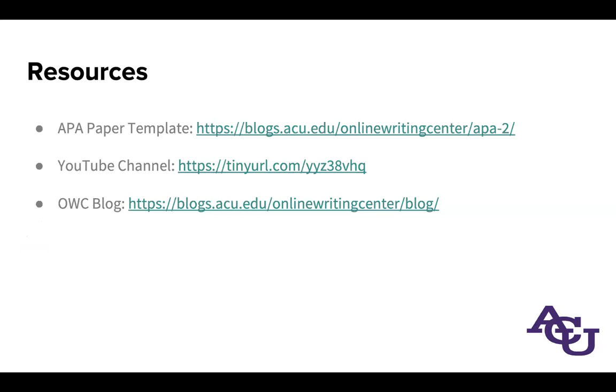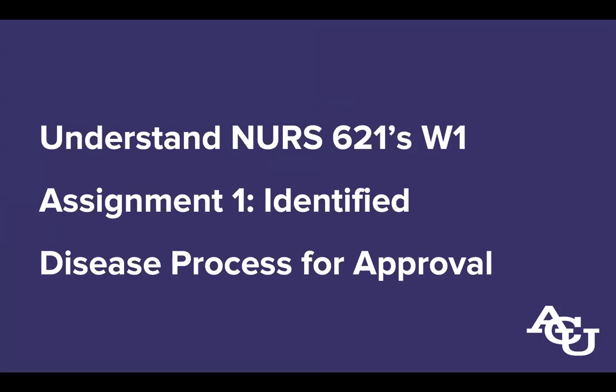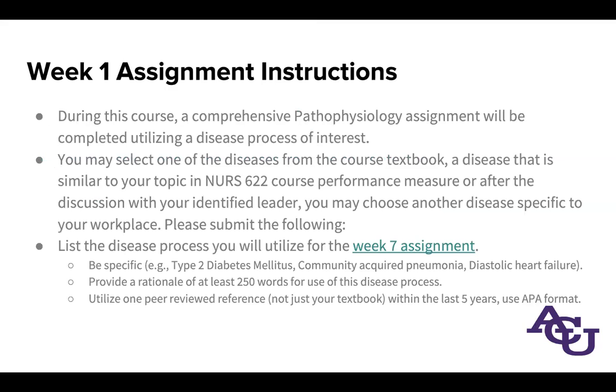With that, let us dive into our first objective today, understanding that specific Nursing 621 assignment, the week 1 assignment 1, identified disease process for approval. Now, this assignment in the Advanced Pathophysiology course requires that you select a disease and that you describe the disease process, and you have two choices.